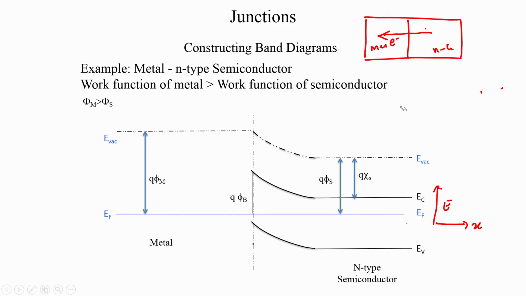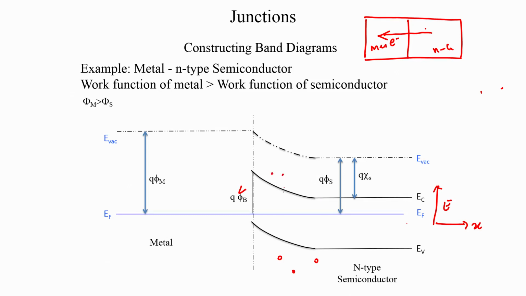Therefore, if I have an electron and a hole, the electrons will like to run down the hill when you see a bending, and the holes will like to run up the hill. So, this gives you a very intuitive feel for what the electrons and holes would do. Now, since it is an n-type semiconductor, there are very few holes, and whatever majority electrons were there have all moved into the metal, and any electron coming in here will try to run down the hill and away from the junction.